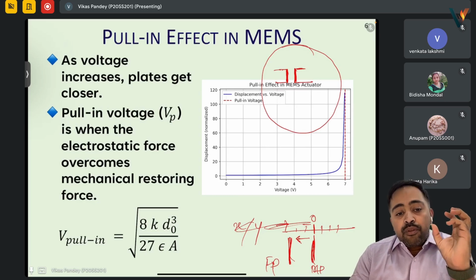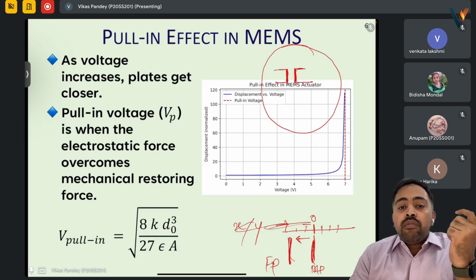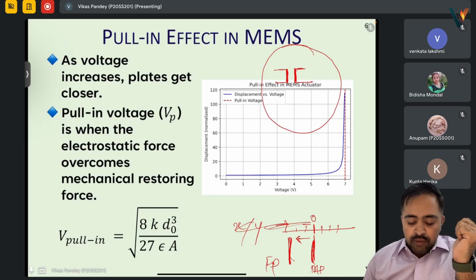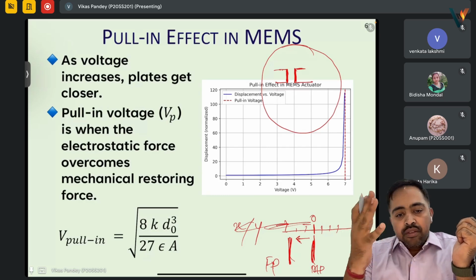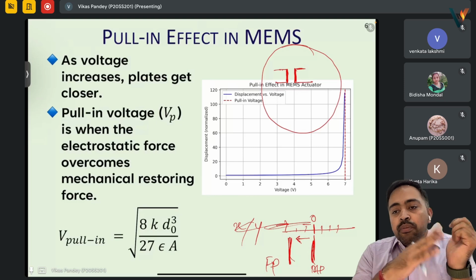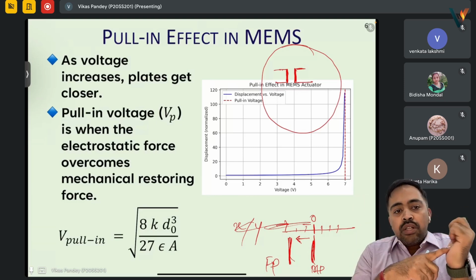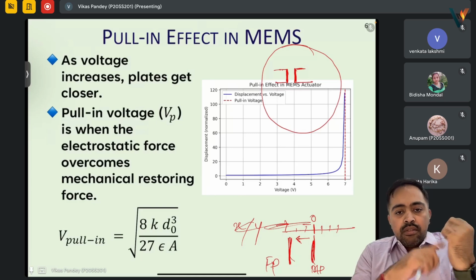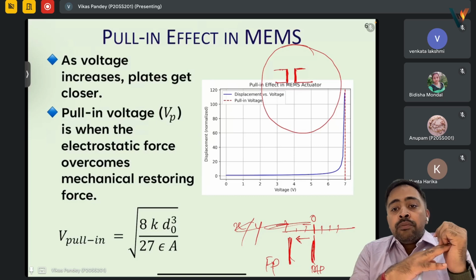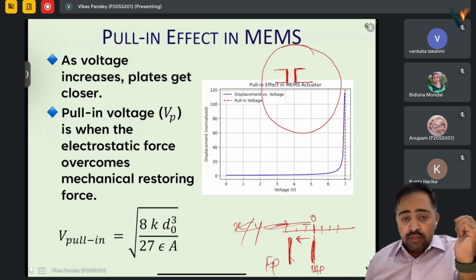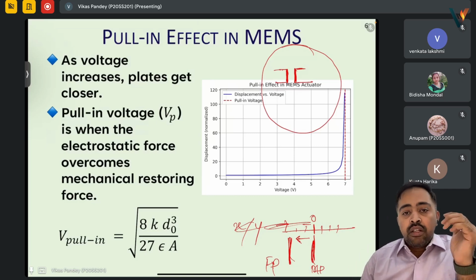This voltage, V pull-in or Vp, is given by under root 8k d naught cubed upon 27 epsilon A. Again, the derivation you can see in the sir's lecture. Now displacement versus voltage.